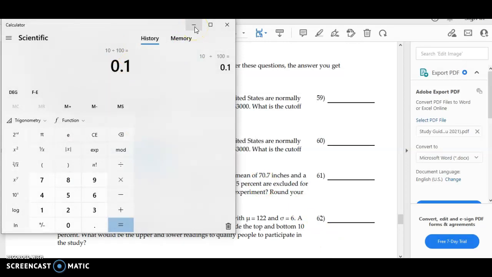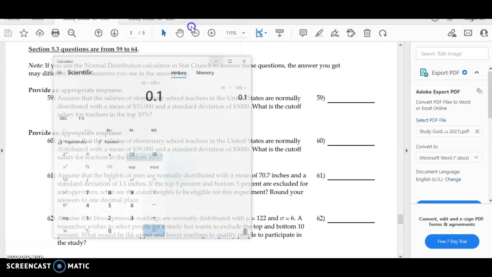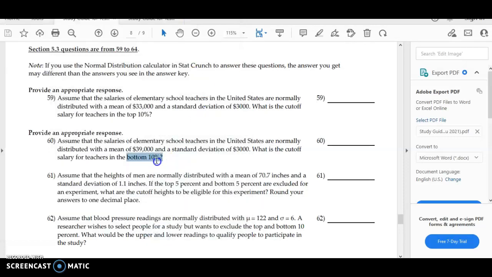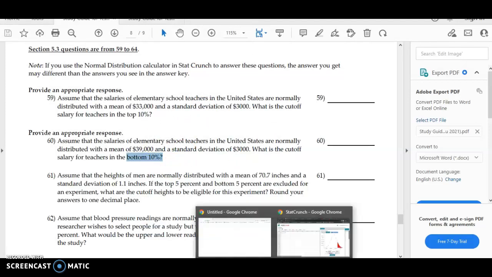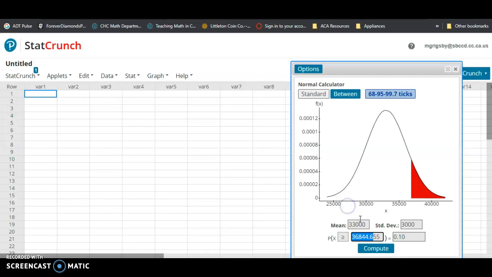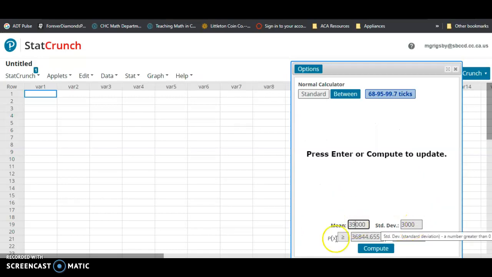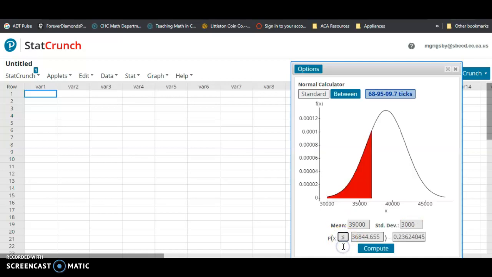Bottom means the area to the left of that value inside the normal curve. Here we enter the mean, and the standard deviation is still the same, 3,000. Because it asks for the bottom 10%, bottom means to the left, so we select the less than or equal symbol.